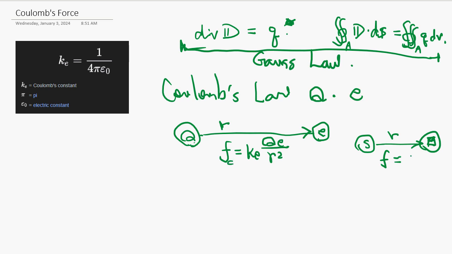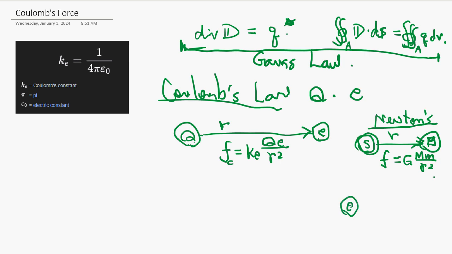F equals the gravity constant times the masses over r squared. So Newton's and Coulomb's laws are at the same level, a point-to-point physical effect. If you have another charge here at a different distance, then this distance goes into the equation, and the force is different.